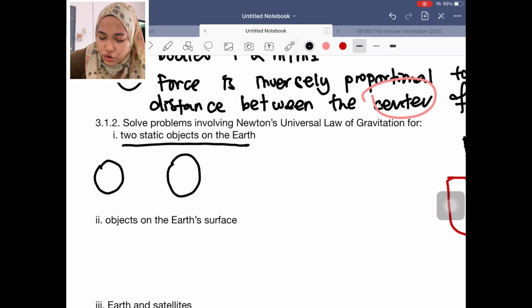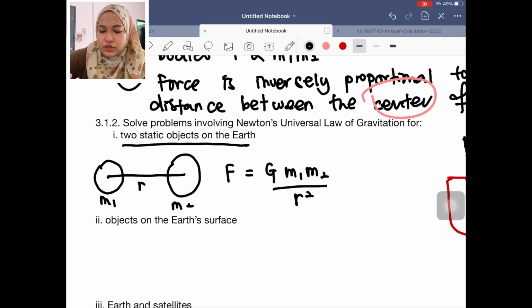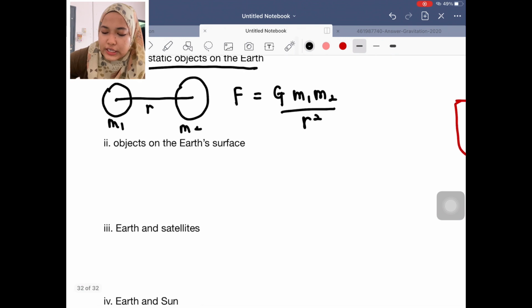So we have two objects on the surface of the earth, m1 and m2, and we have the radius. Here we can find the formula G m1 m2 over r squared between two bodies. We will write it like that, for the object on the earth.